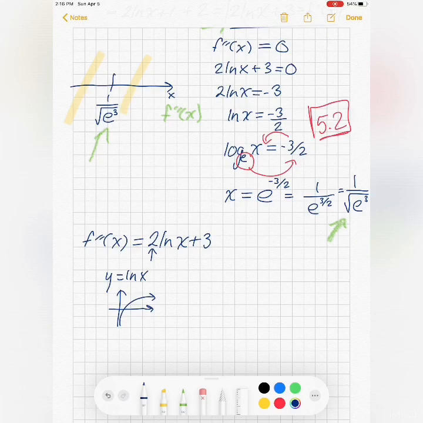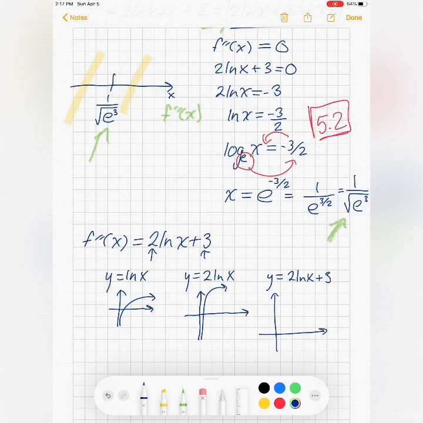Okay, what does this 2 do? That's a vertical stretch, multiplies the y's by 2, but I have the same basic shape. And then up 3. So a very rough sketch looks something like that.